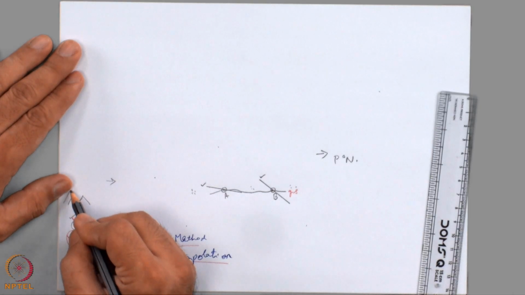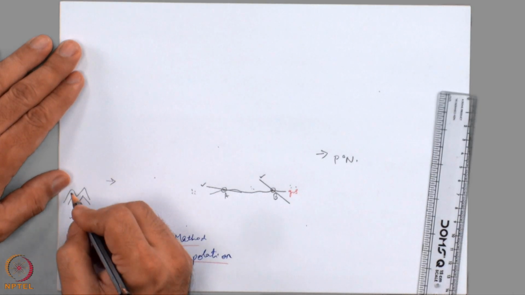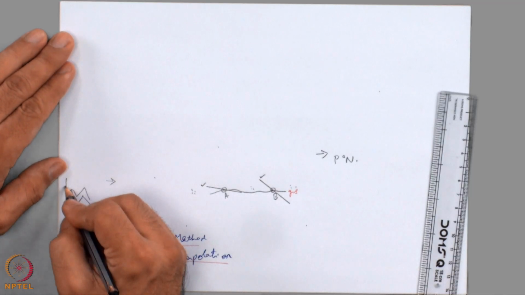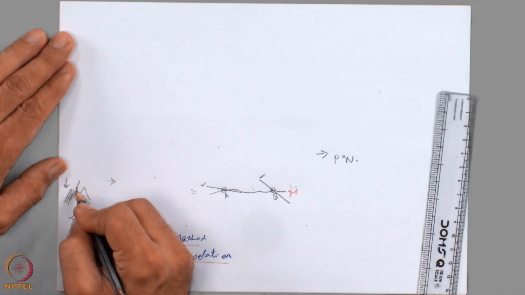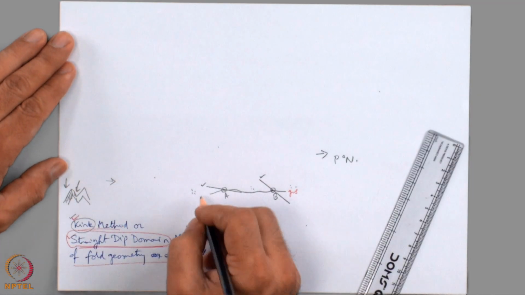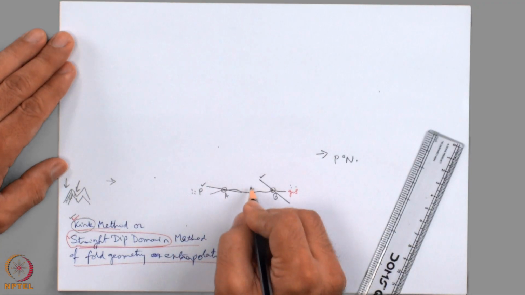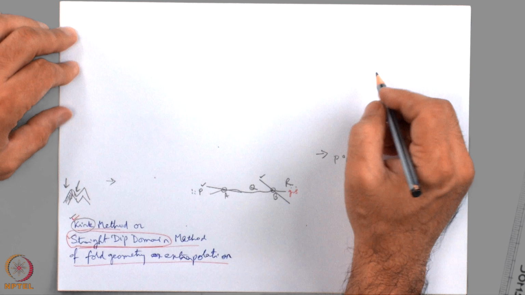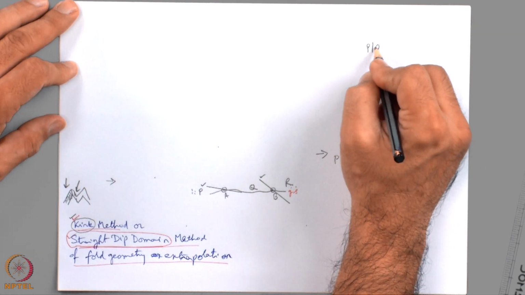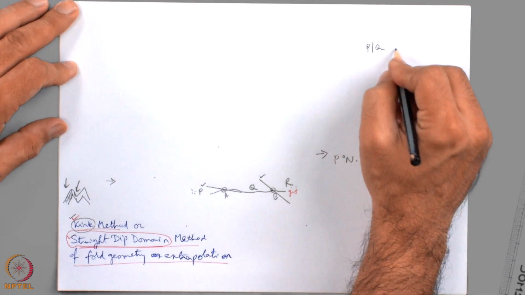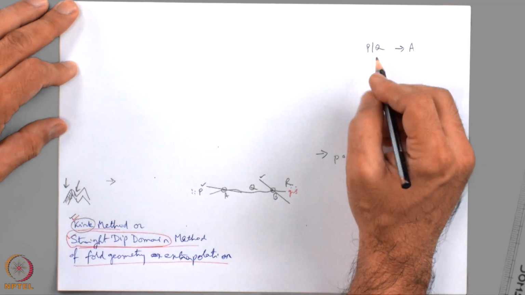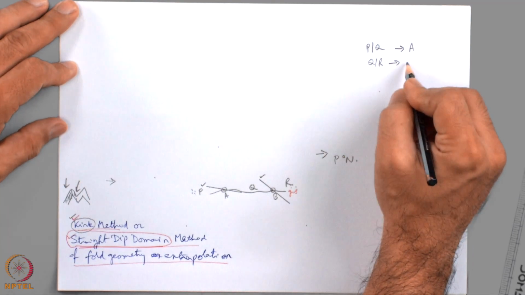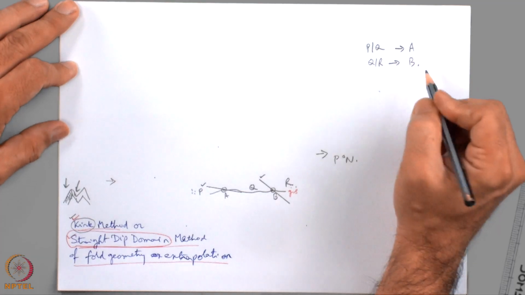So if this is the kink fold, we can see that we are producing a dip domain over here and another dip domain over there. Say this lithology is P, here the lithology is Q and here the lithology is R, which means the PQ contact at point A has been plotted on the map and the QR contact has been plotted at point B on the map.